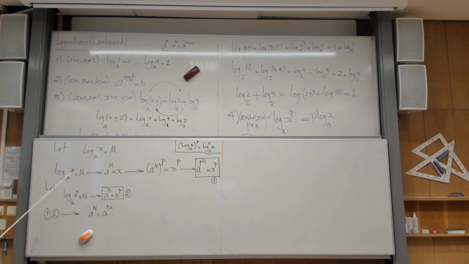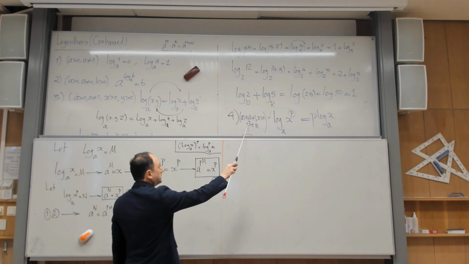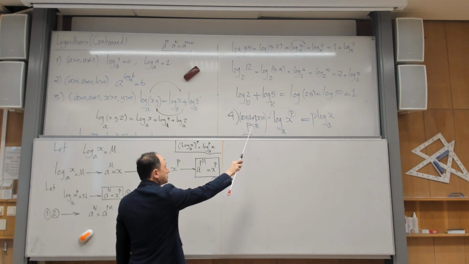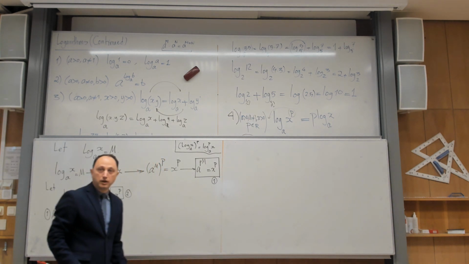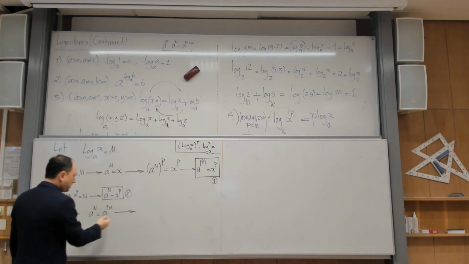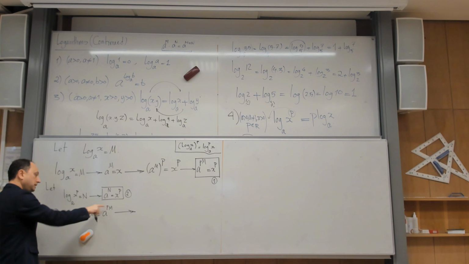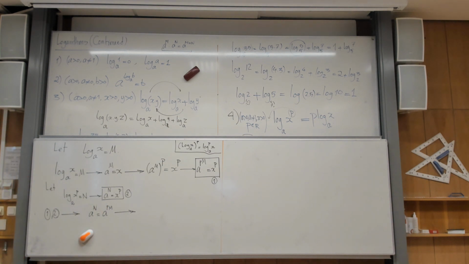But now look, in the beginning I told you that a is a positive number and not equal to 1. Now you realize why it is extremely important that a is not equal to 1. Because, what do you conclude from here? If a to power n becomes equal to a to power pm, what can you conclude?